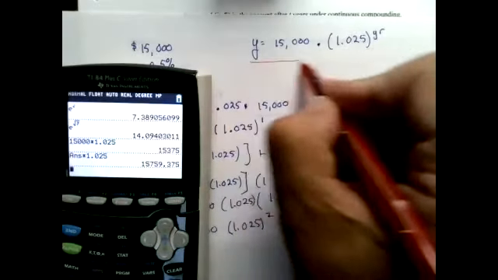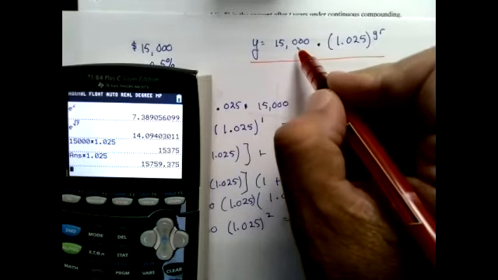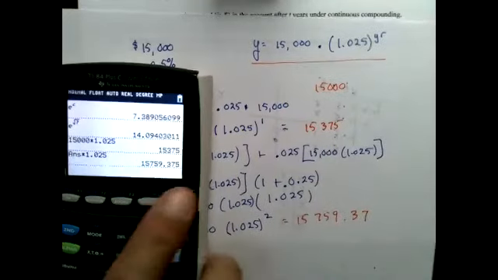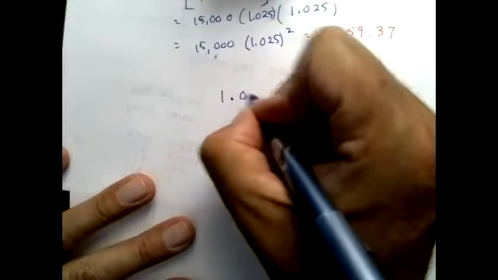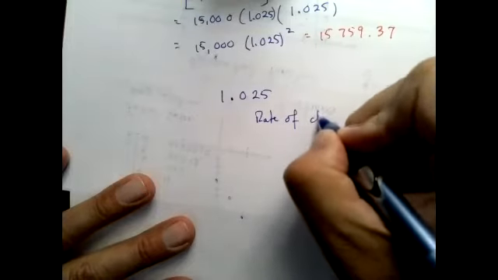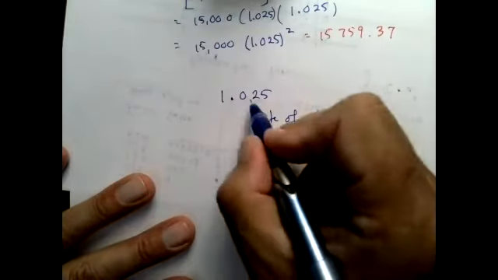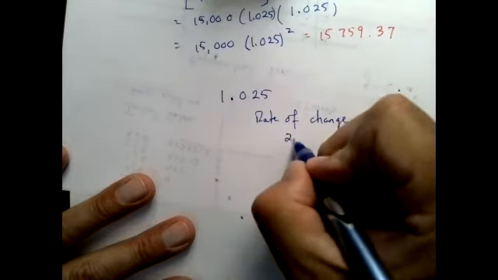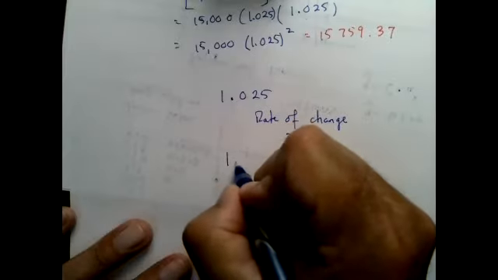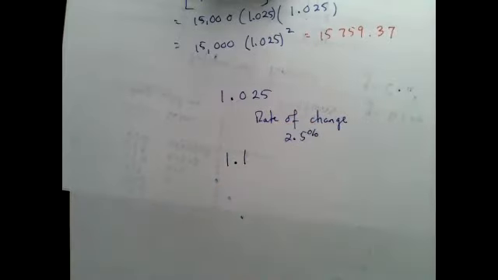So here's my equation. Initial value, 15,000. My rate of change. So we're looking at this in reverse. When I have 1.025, my rate of change is 2 decimal places, 2.5%. What if I said it's increasing 1.1?